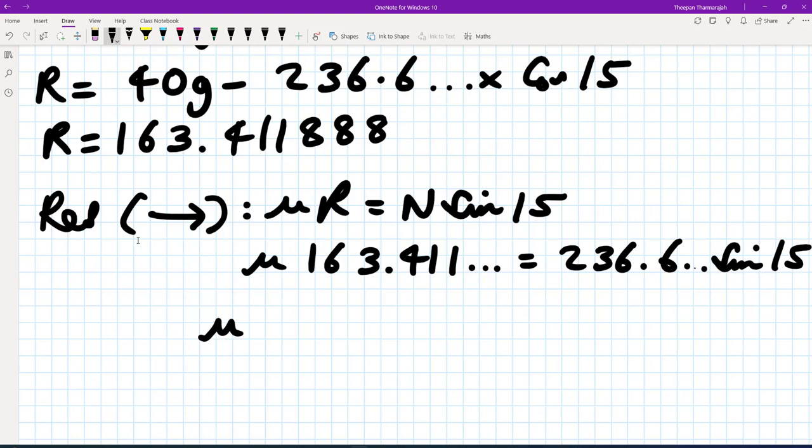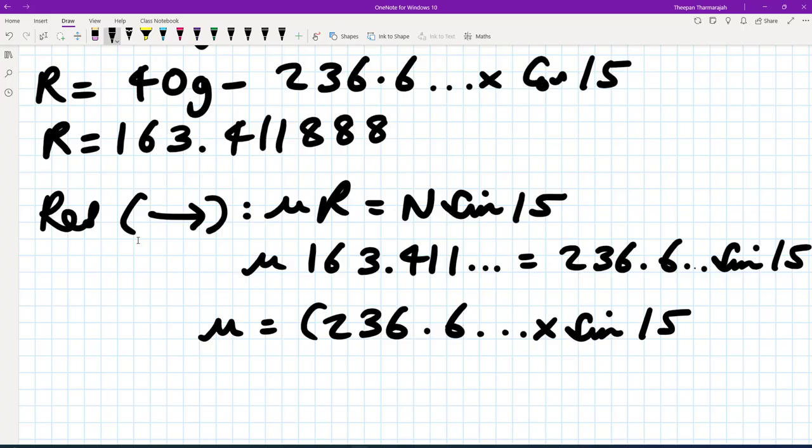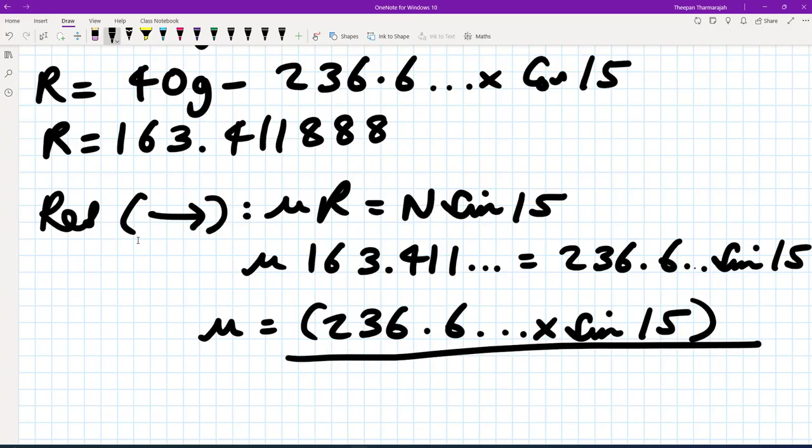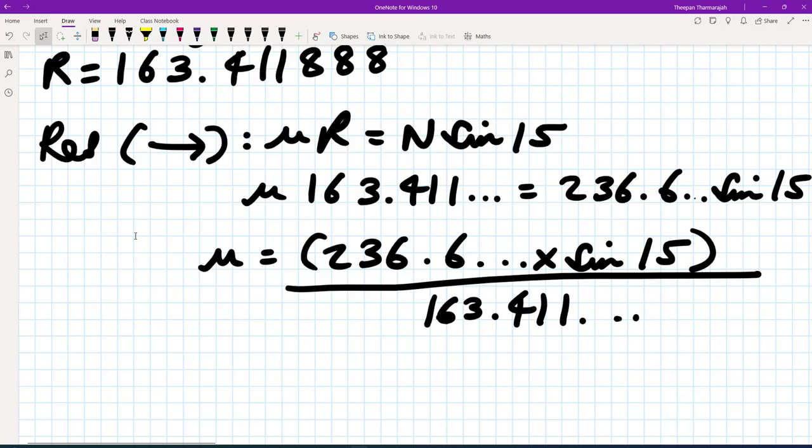So therefore mu is 236.6, I've used ellipses because I'm going to use the true value from before on my calculator, times sin 15, all divided by the true value of R, which is 163.41 and so on. We're going to write the true value of mu down and then round it to 3SF as we always do.